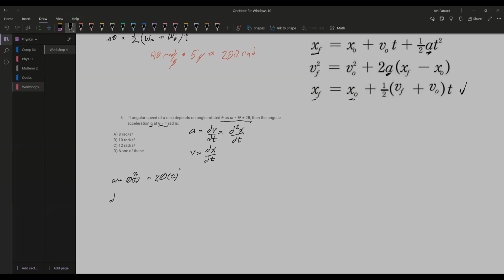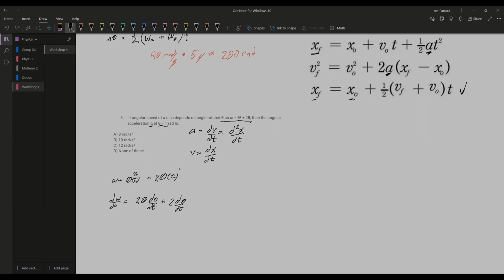We're going to say that d omega dt is equal to 2 times theta times d theta dt, just doing our derivative rules here. And then this is 2 d theta dt.